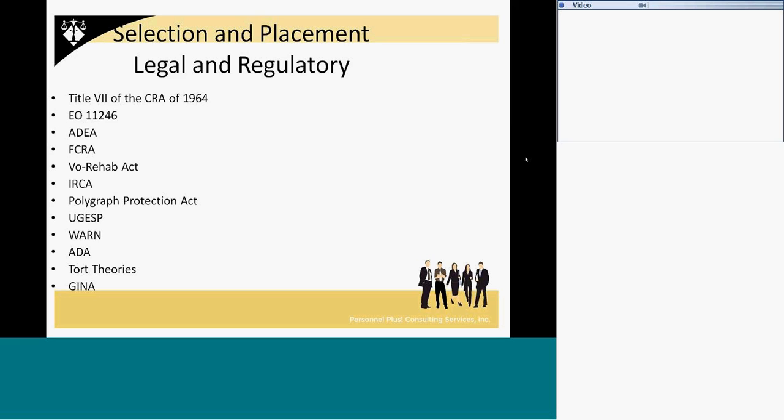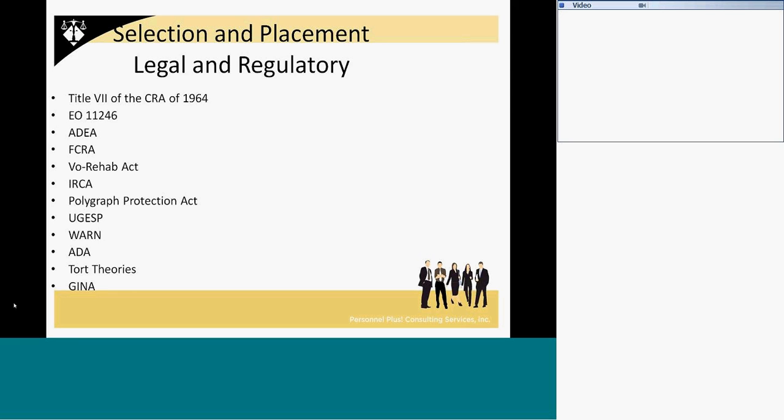Another law that most of you are aware of, which is reasonably new, gets involved in selection and placement from a perspective that you can't make hiring decisions based on family medical history information. So in other words, you couldn't decide to hire or not hire somebody because their relatives have poor health or good health.